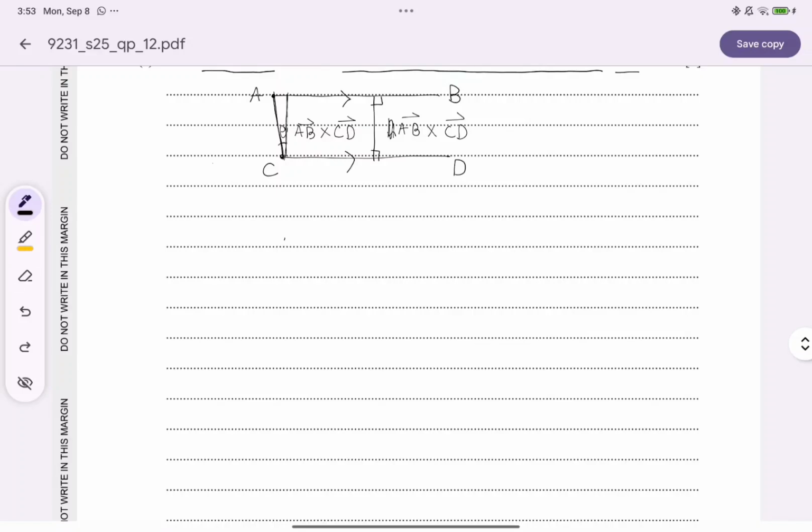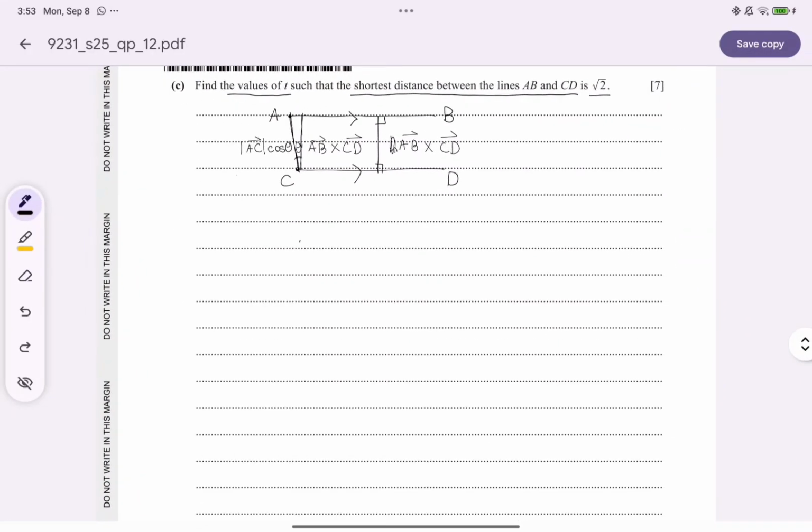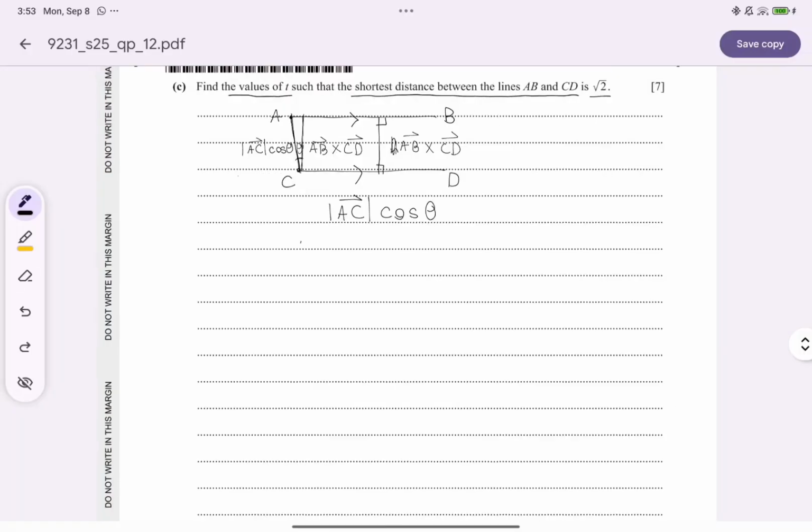The magnitude of this is just the magnitude of AC cos theta. So the shortest distance is AC times cosine theta.